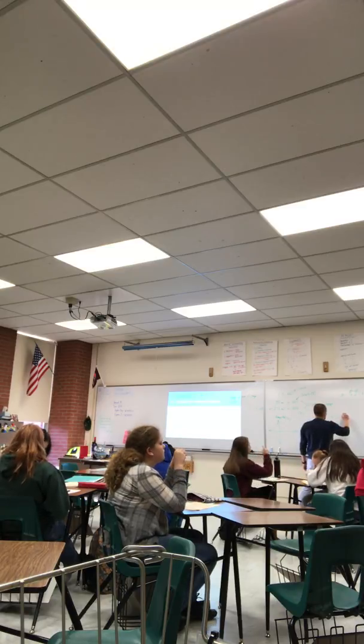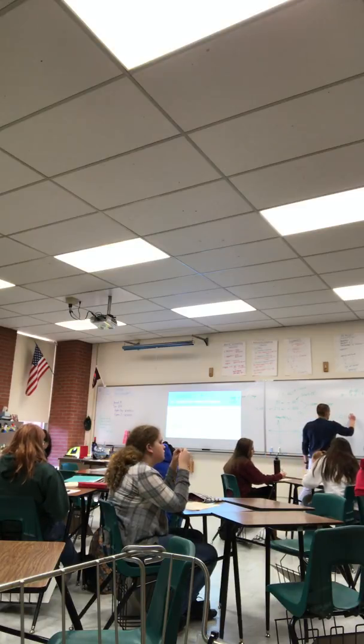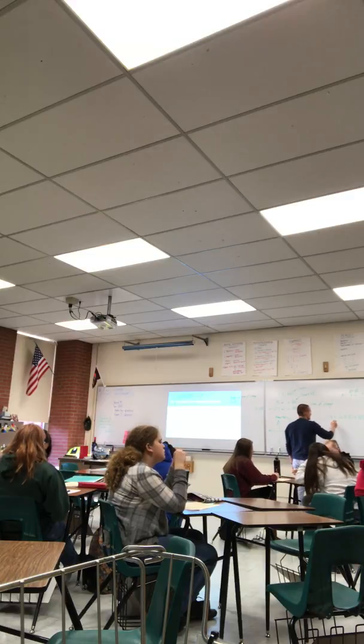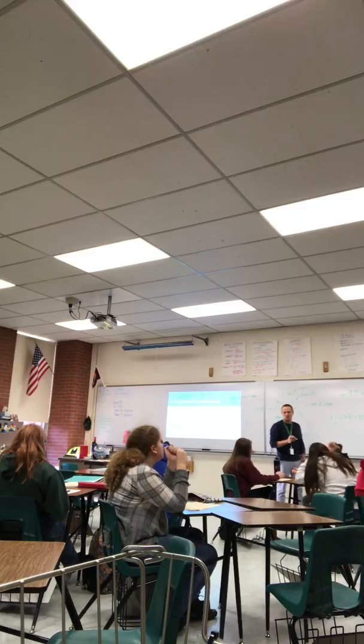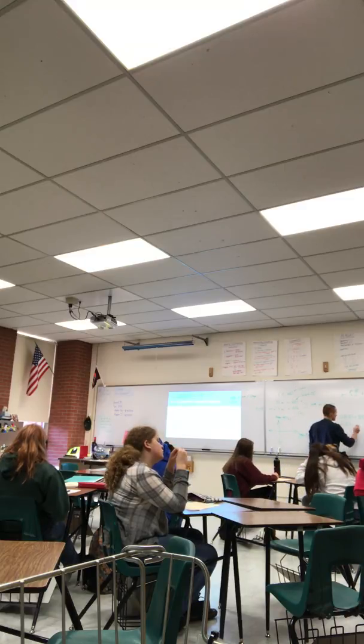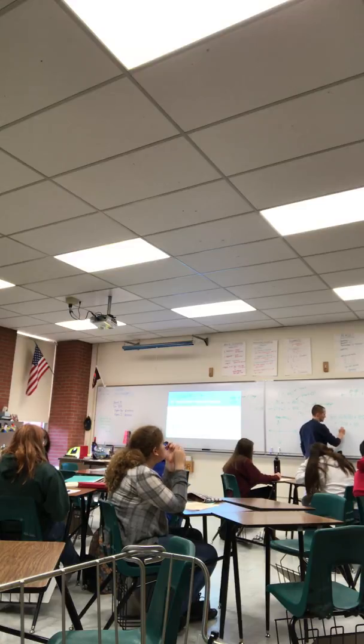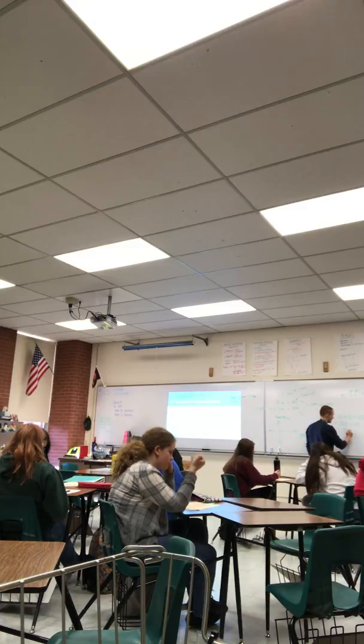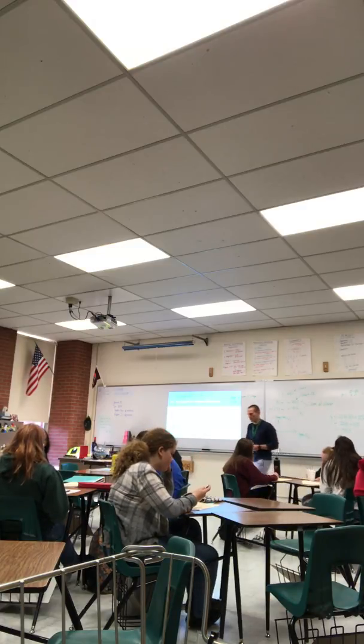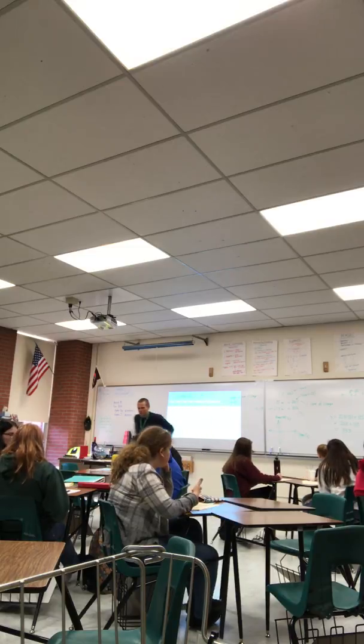So 22.8 times 10 plus 105. Well, this is a power of 10. So what's 22.8 times 10? 228 plus 105, which is 333. So we end up with 333, alright?